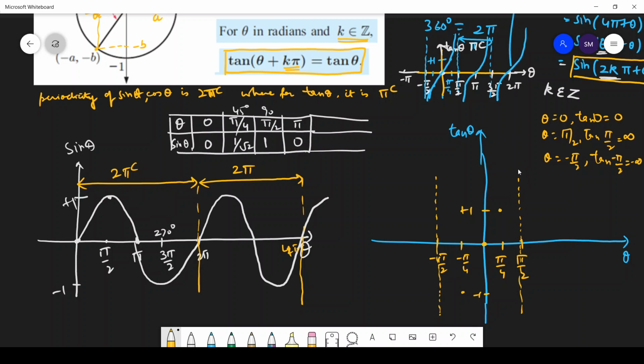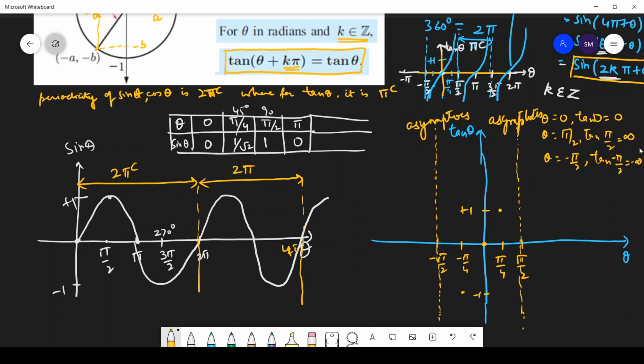So to draw these kinds of graphs, I need to plot these vertical lines, and the graph can never touch these vertical lines because the value is infinity. We call these lines asymptotes. Asymptotes can be horizontal lines.